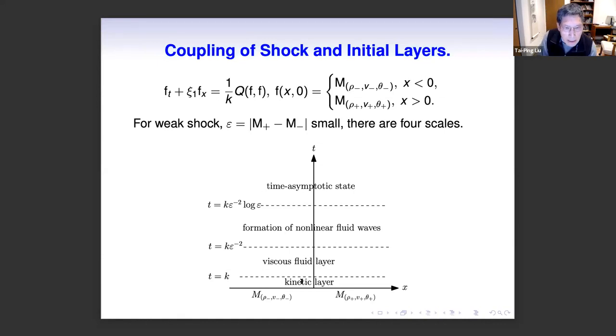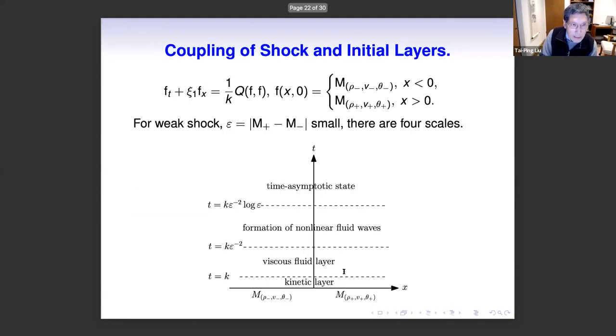The first one is a kinetic layer. And that is basically hyperbolic. And this is a parabolic thing. And then a nonlinear wave begins to form. And eventually, time asymptotically, it goes to a Boltzmann shock wave. So let me describe this a little bit.